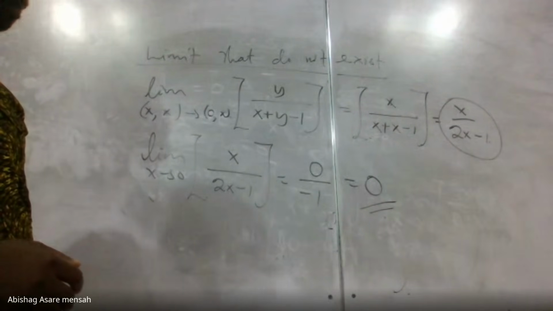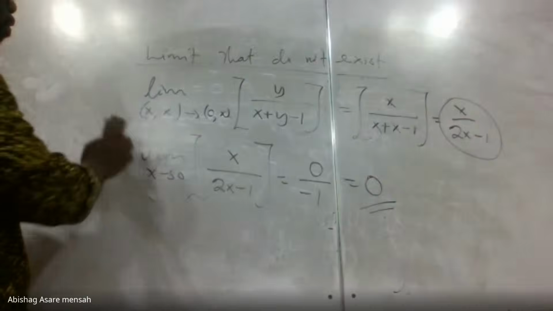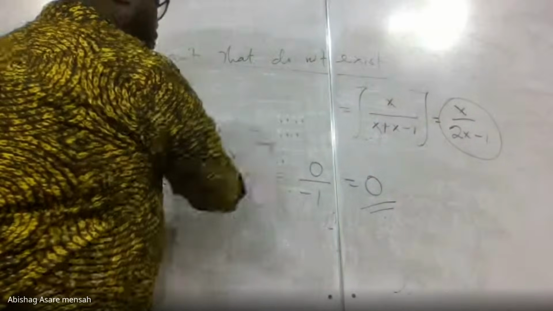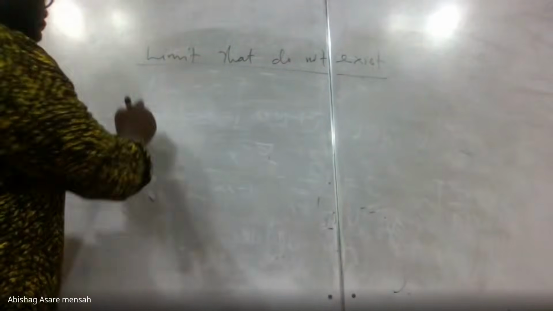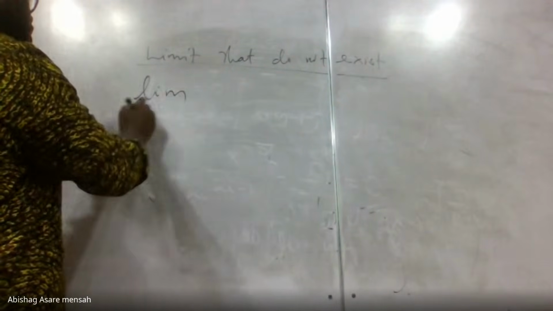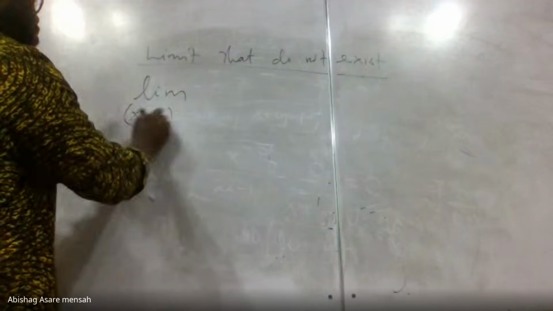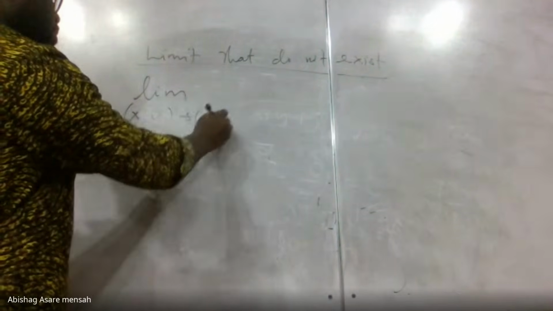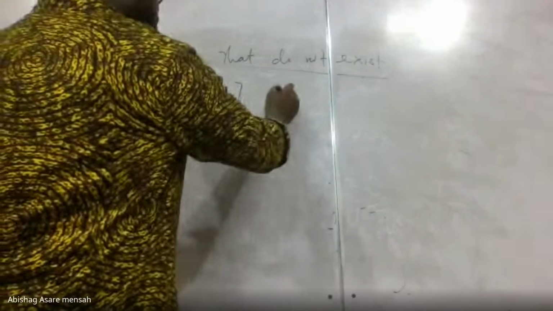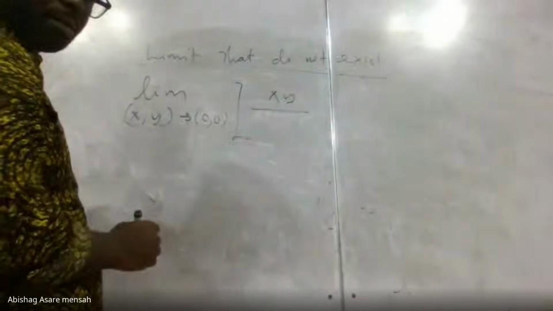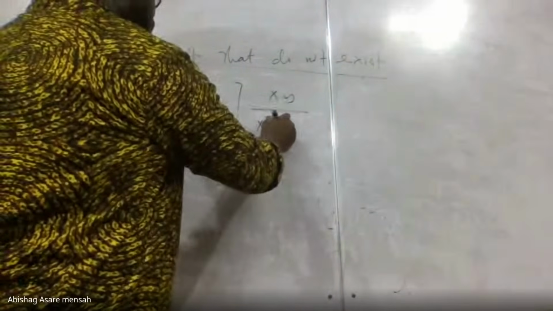Let's look at another function. Find the limit of x, y, this time as (x, y) approaches (0, 0), of xy over x squared plus y squared.